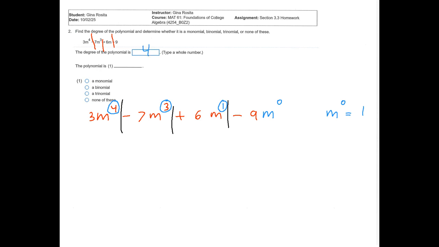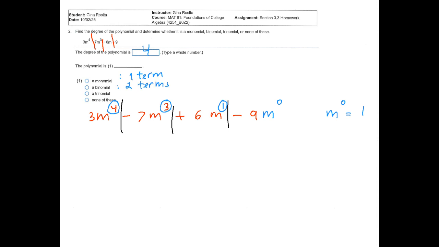Okay, now next one. They ask about the type of polynomial. You have to choose A, monomial, B, binomial, C, trinomial, or none of these. So we have to know about monomial. What's the meaning of monomial? It means you have exactly one term. The binomial has 2 terms.